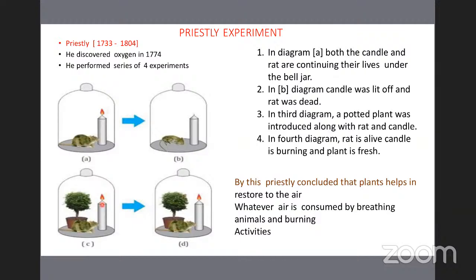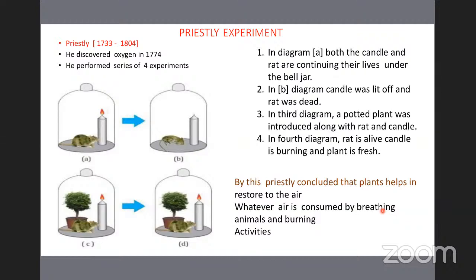So we can say that plants release oxygen and carbon dioxide is taken in by plants. This experiment was explained by Priestley: plants help in restoring the air. Whatever air is consumed by breathing animals is regenerated by the plants.